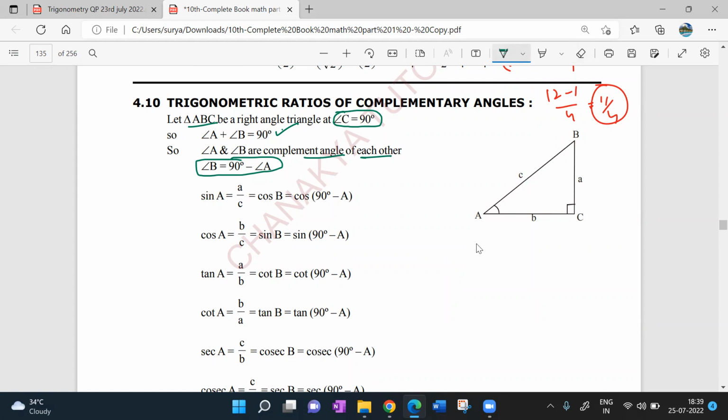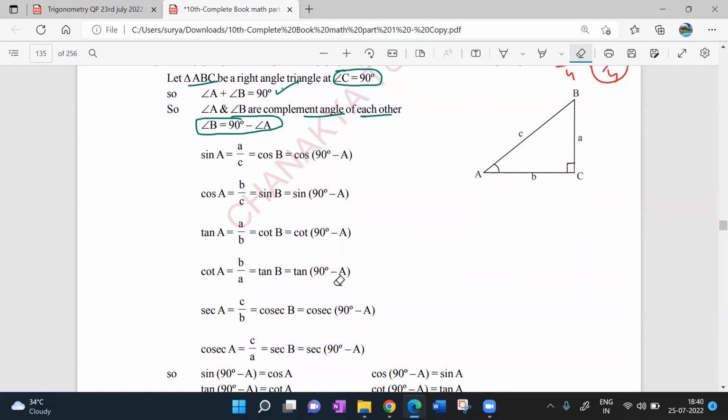So what is happening here? Sin A is equal to cos B, which is cos of 90 minus A, right? Similarly, cos A as well.